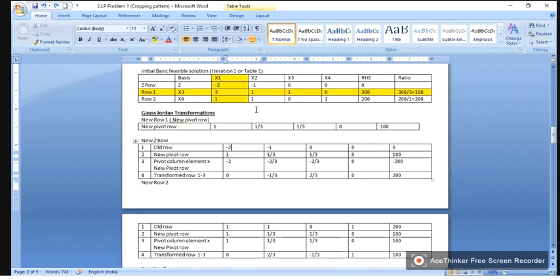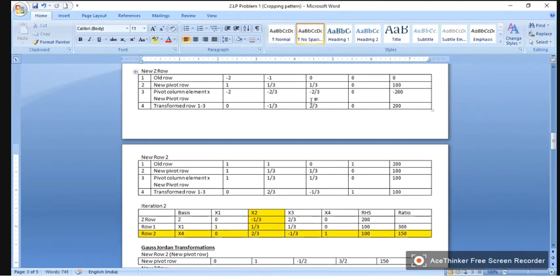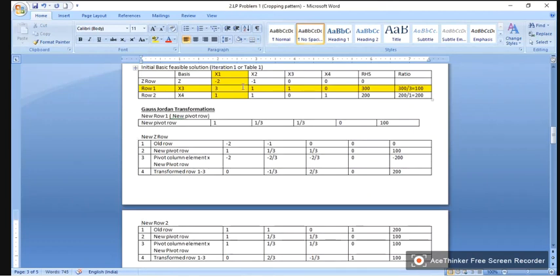I mean, we have transformed this row. It is called the new pivotal row. Then we have to transform the Z row. After Z, we have to transform new row 2. How many rows should we transform?